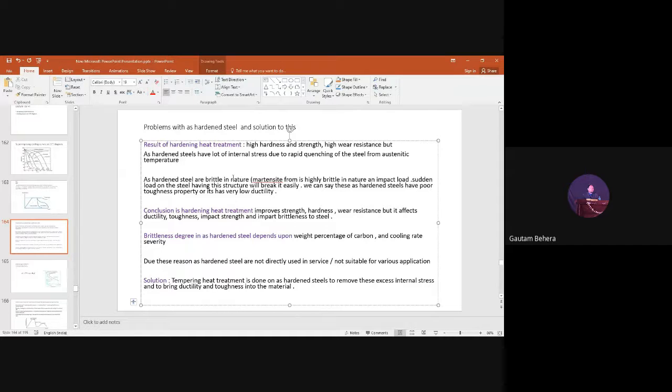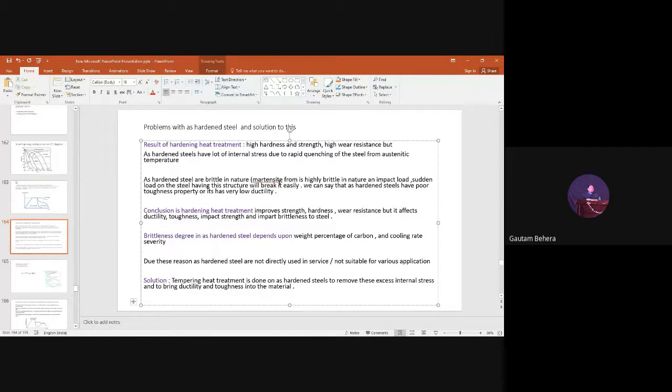Martensite is highly brittle in nature. An impact load or sudden load on steel with this structure will break it easily. We can say hardened steels have poor toughness, or very low ductility.